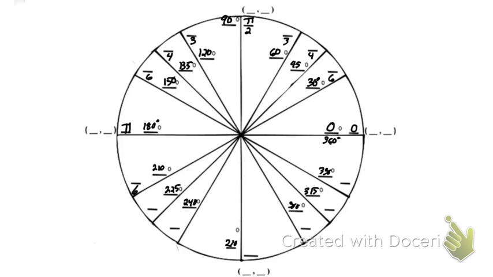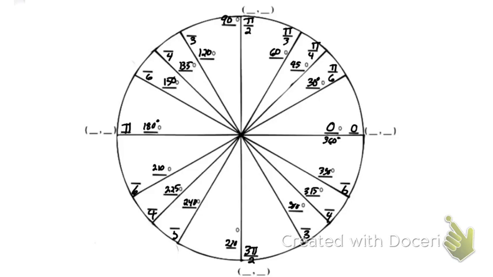It's just going to go 6, 4, 3, 2. And then we'll go 3, 4, 6. For quadrant 1, you're just going to have 1 in front of your pi. So it'd be 1 pi over 6, 1 pi over 4, 1 pi over 3.